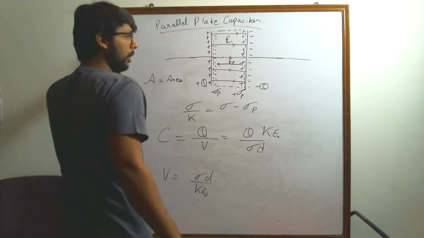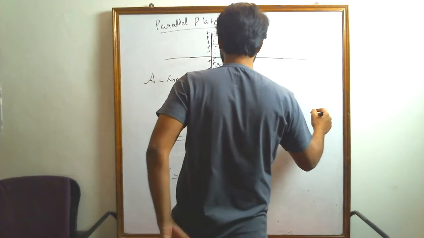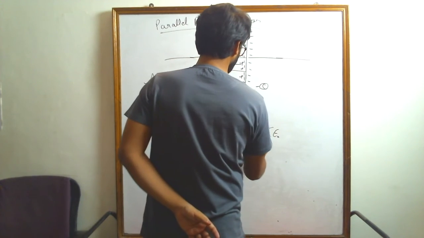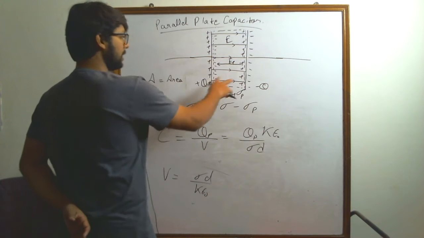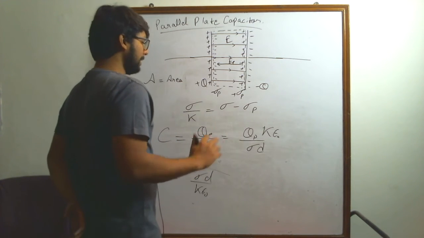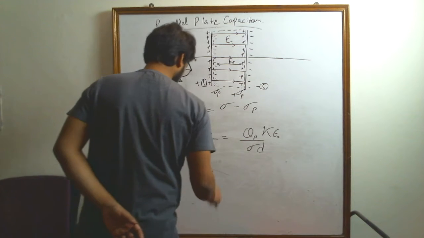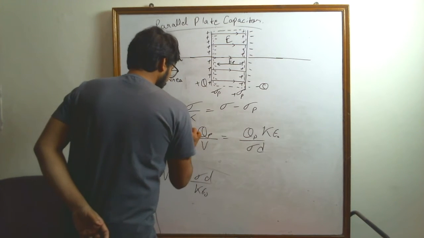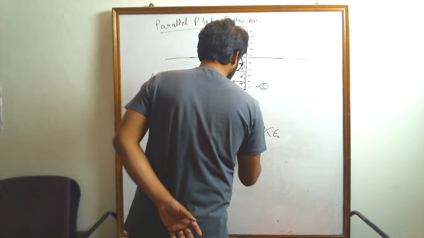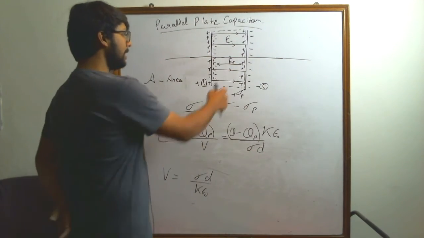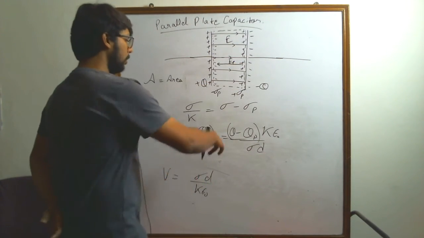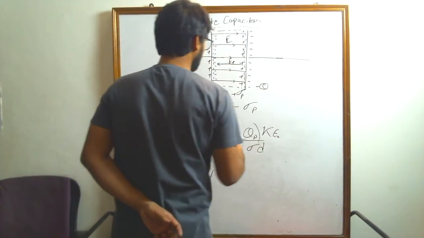Now Q is what? This will also be QP, because that is the total charge on the plates now. Sorry, this will be Q minus QP, because that is the total charge on the plates now.